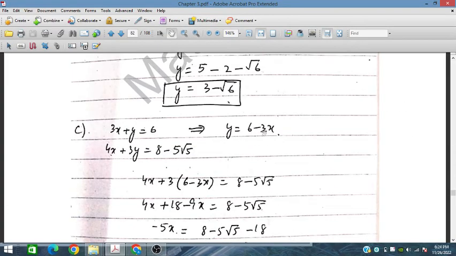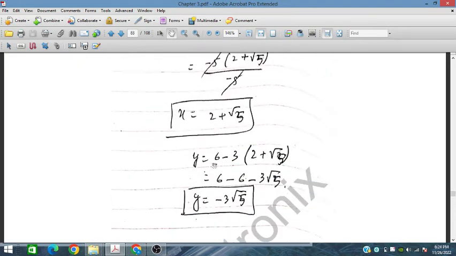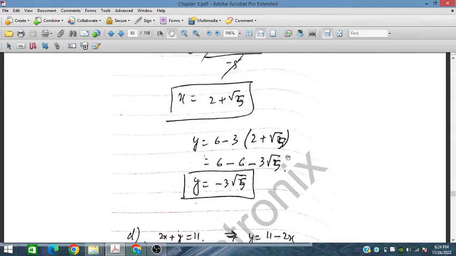We can substitute it here to get the value of y. So y is equal to 6 minus 3x, so this is minus 3 under root 2.